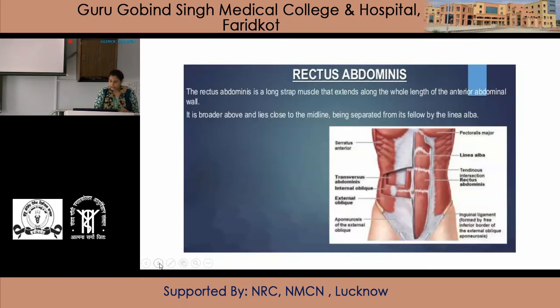The rectus abdominis is a long strap muscle that extends along the whole length of the anterior abdominal wall. It is broader above and lies close to the midline, being separated from its fellow by the linea alba. There is a separation between the right and left rectus abdominis, that is the linea alba.